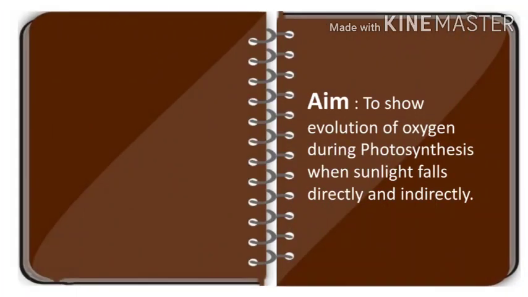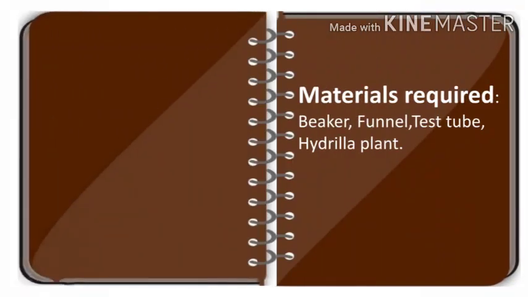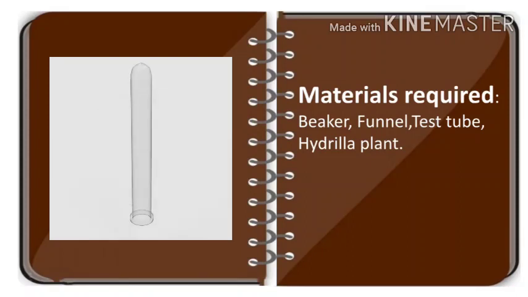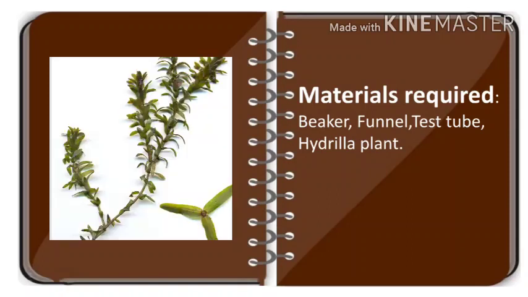The aim of the experiment is to show the evolution of oxygen during photosynthesis when sunlight falls directly and indirectly. Materials required for the experiment are beaker, funnel, test tube and hydrilla plant.